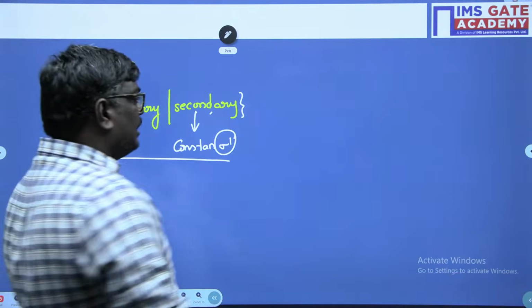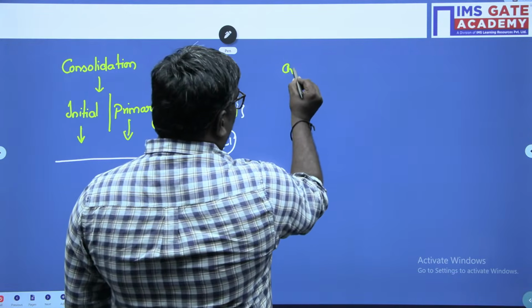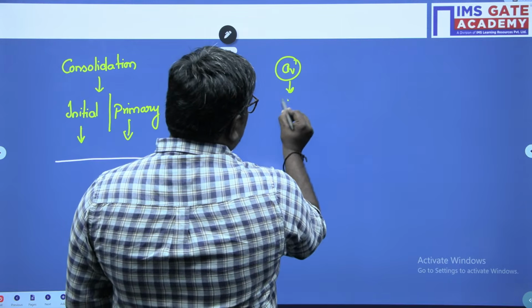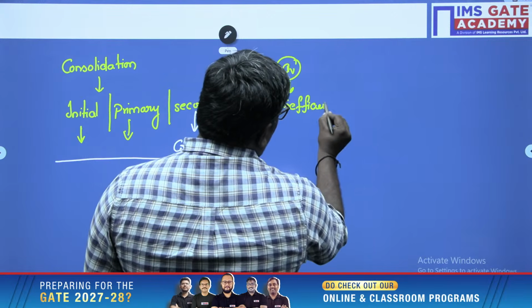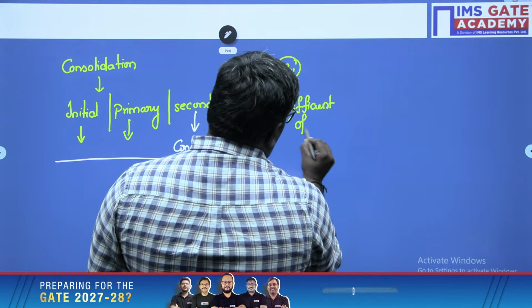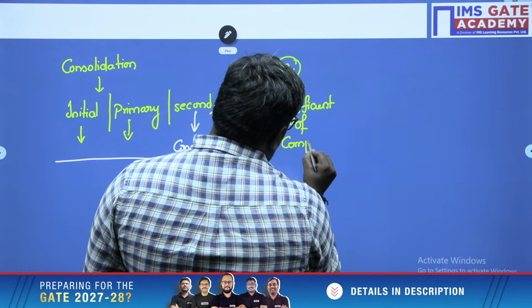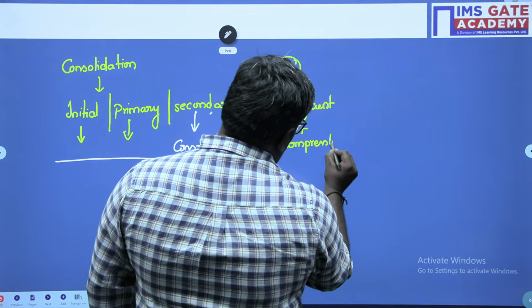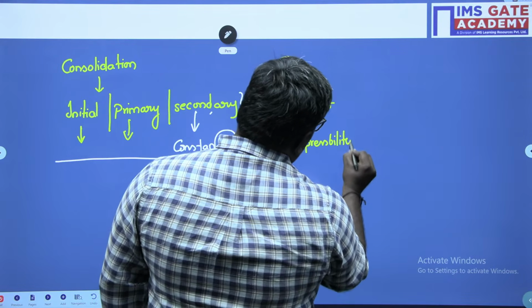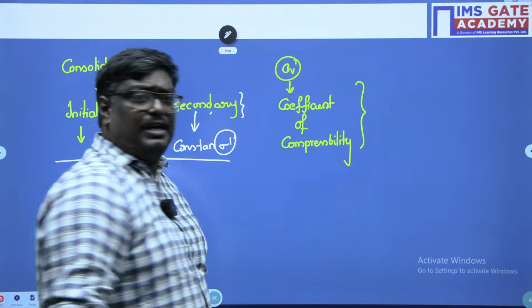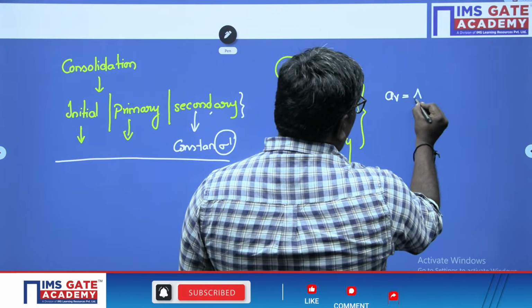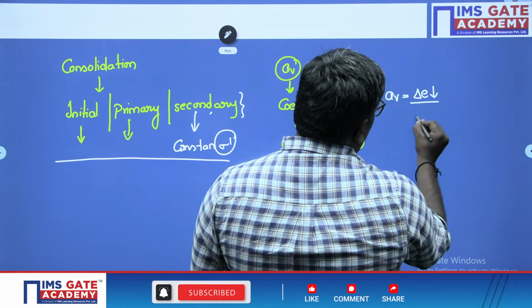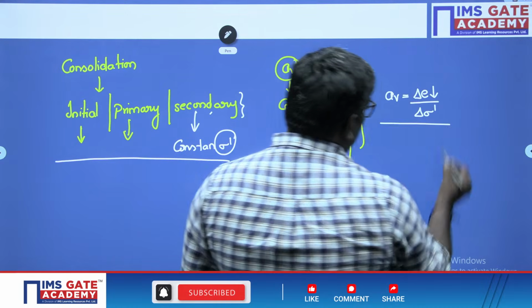Now see, there is a concept called AV. What is AV? It is nothing but the coefficient of compressibility. AV is given by the formula: the ratio of decrease in void ratio per unit increase in effective stress.